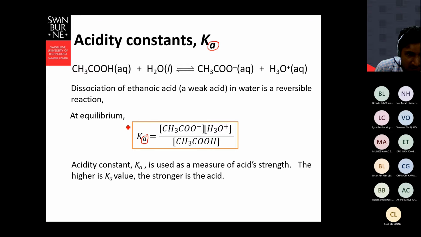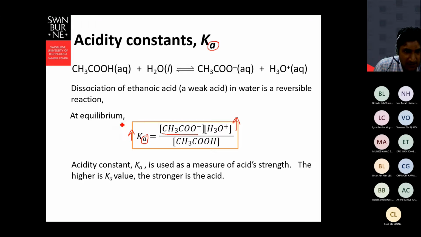If the numerator has higher values, if CH3COO- and H3O+ are very large, like 1 times 10 power 10, more than a billion, then the Ka value will also go up.